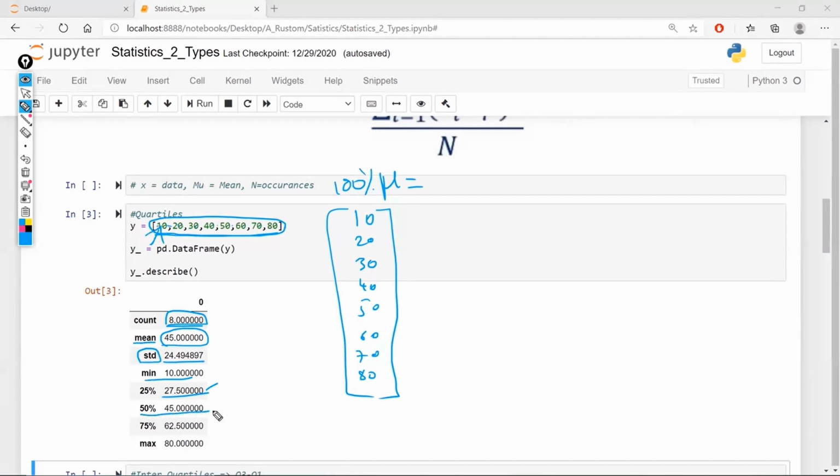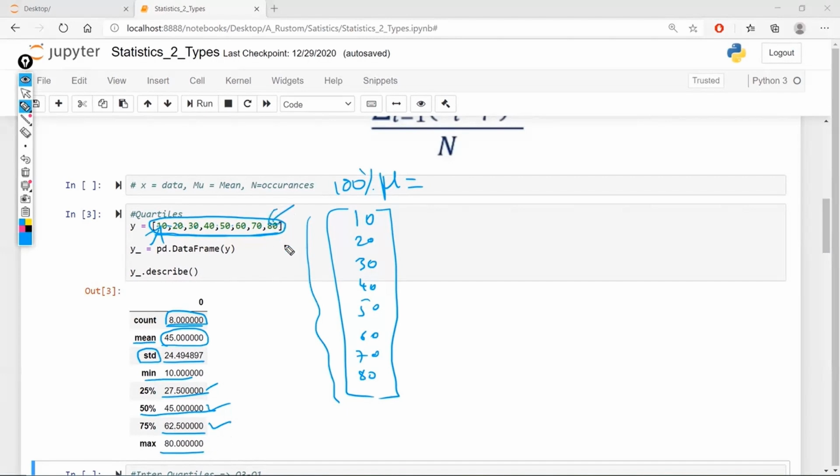And this is the 50th percent of my data. Assuming this is 100%, what is the 50th percent within that? That data I'm also going to get, and the 75%. Right? That also I'm going to get. And what is the maximum number?